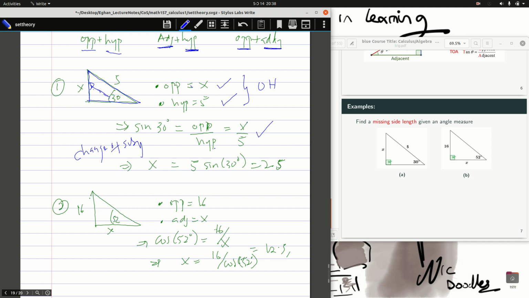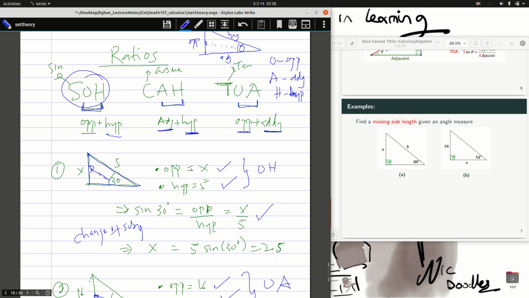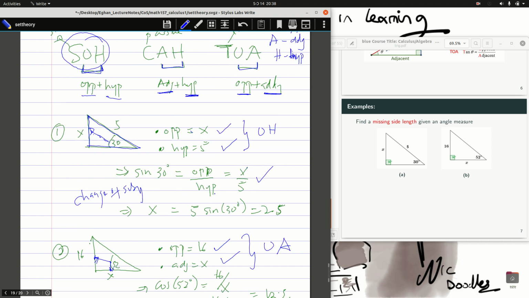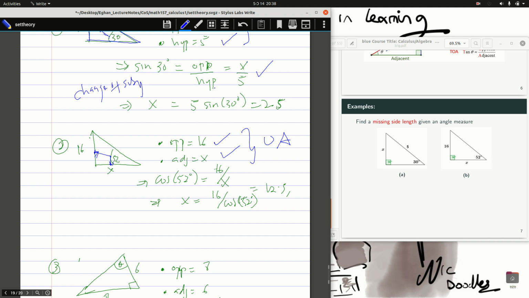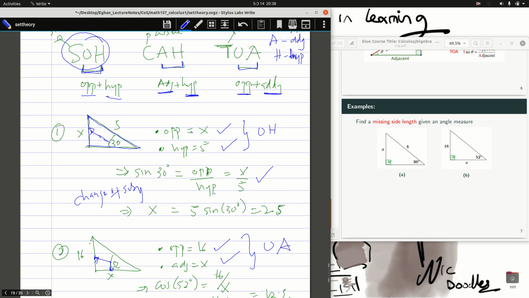If I want to solve for b, you realize that the angle 52 is still pointing this way. So it means that I have the opposite given as 16, but in this case I have the adjacent given as x. I don't have the hypotenuse given. So I have opposite over adjacent, OA. If I go through the SOHCAHTOA, the only thing I can use is TOA. That means tan. Did I do something wrong? Oh, so why did I write cos here?